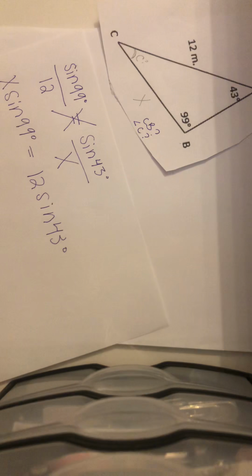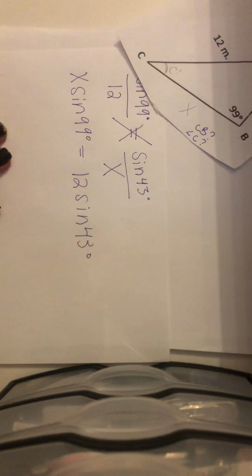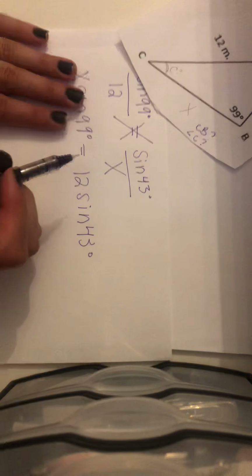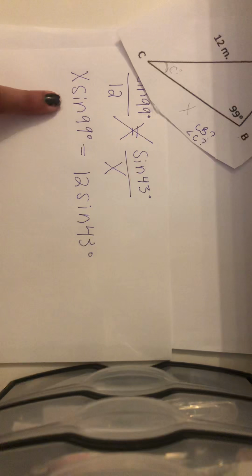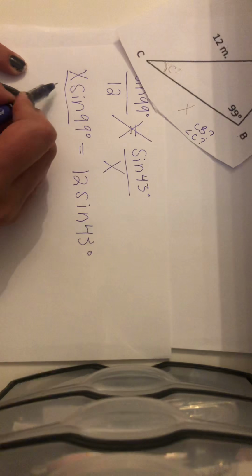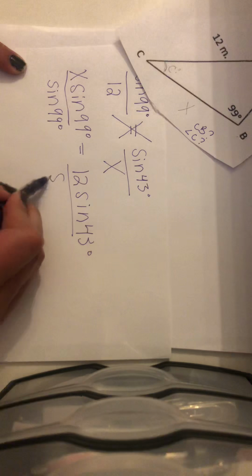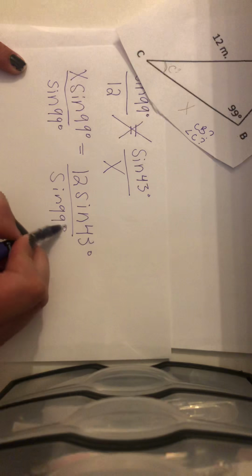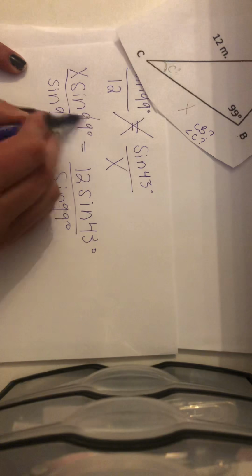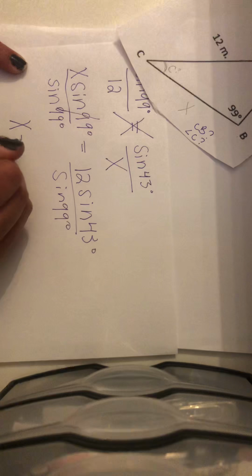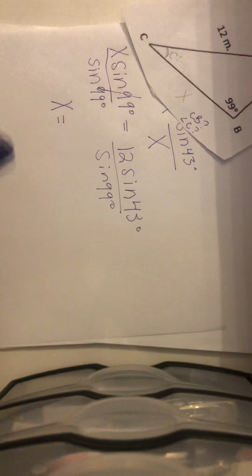We're solving for x, so we're going to get x by itself. I'm going to divide by sine 99 degrees on both sides, because remember, we're getting x by itself. X equals, now this is when we use our calculator.